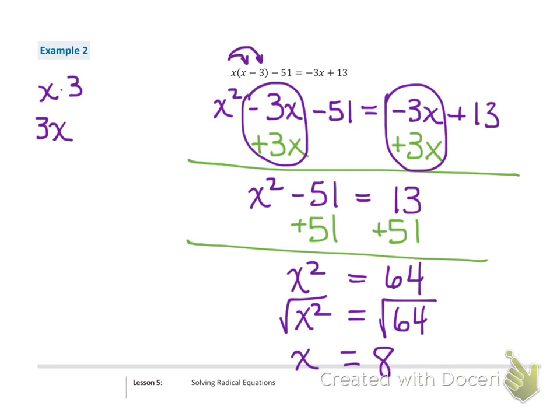What we want to do is put a plus or minus there, and what that means is that it's showing two solutions, that x can equal 8 or x can equal negative 8.